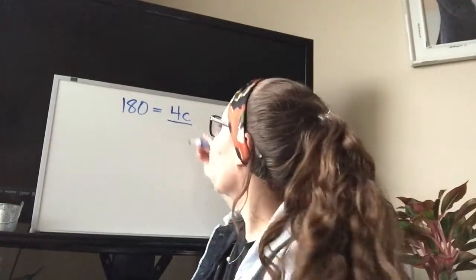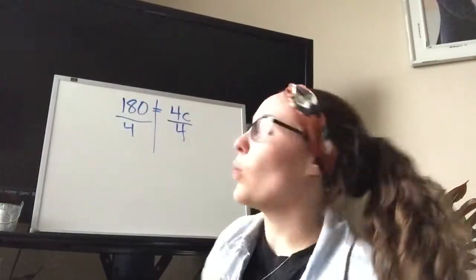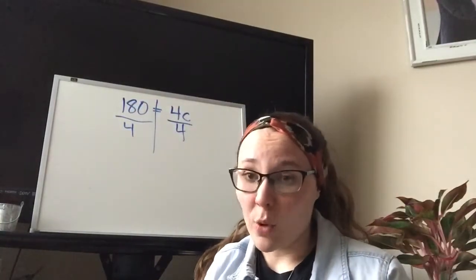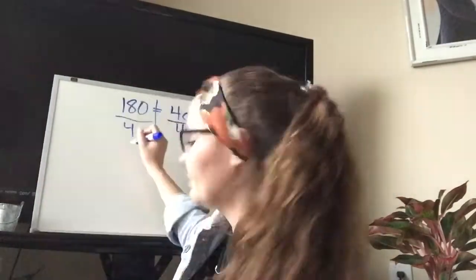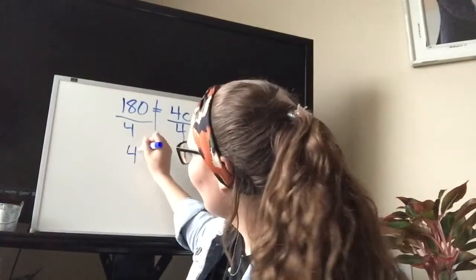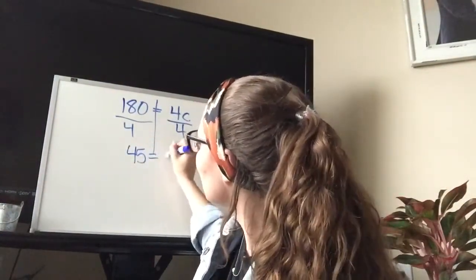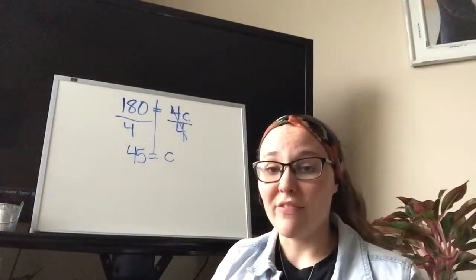So I'm going to divide this side by 4 and divide this side by 4. So 180 divided by 4 is 35. Is that right? Oh no, 45. 45 equals c, because these 4s cancel out, so that I'm left with 45 equals c.